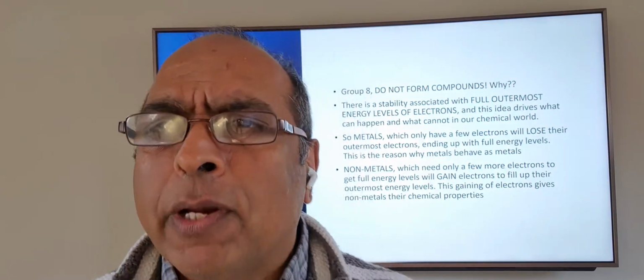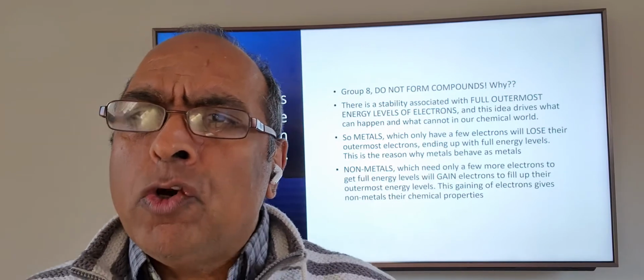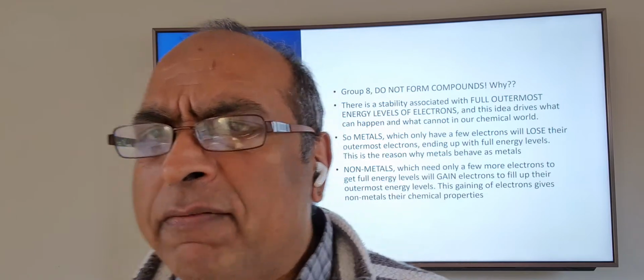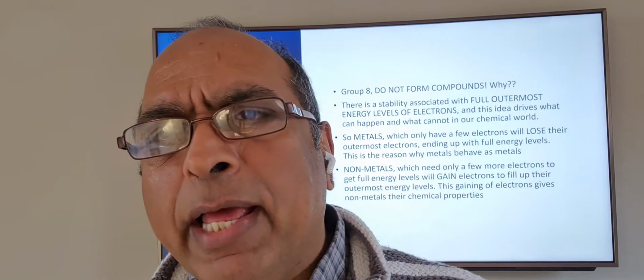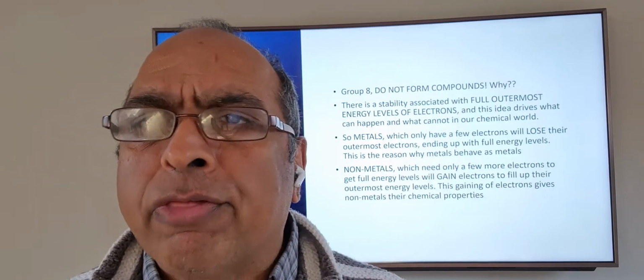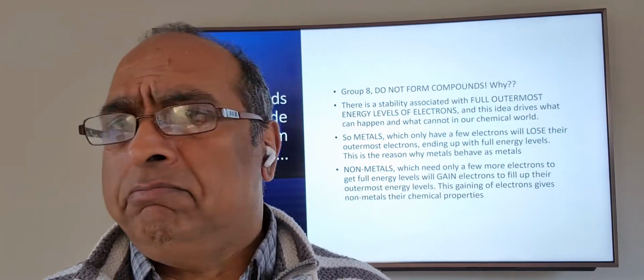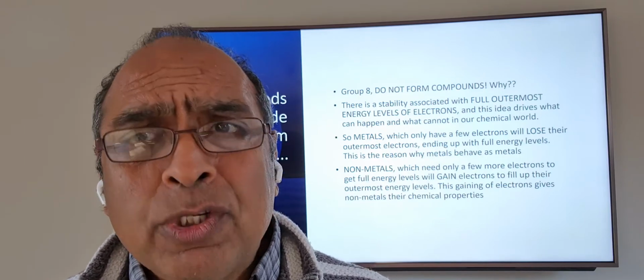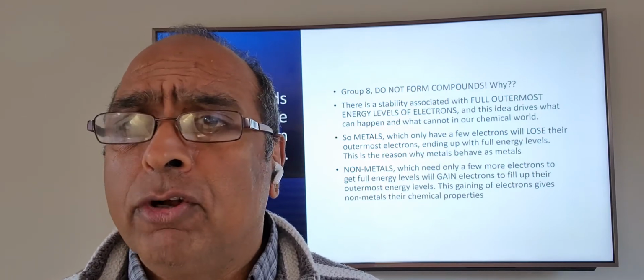So what about non-metals? Well, non-metals are the opposite of that. Non-metals are on the right-hand side of the periodic table. They often have 7 electrons or 6 electrons or 5 electrons in the outermost energy level. By gaining 1 or 2 or 3, by gaining a few electrons, their outermost energy levels will become full.